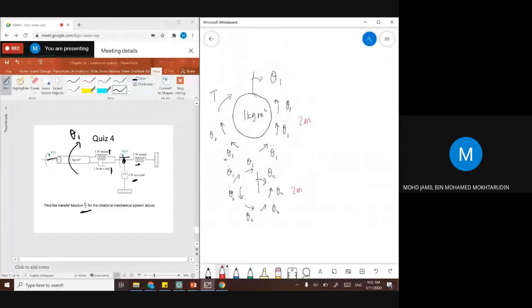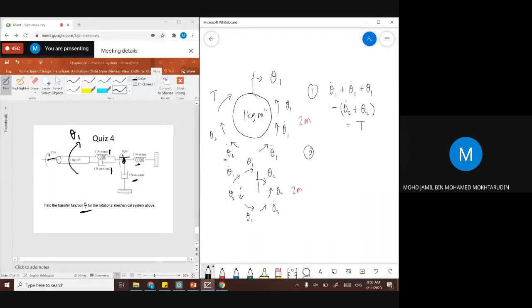So bolehlah tulis equation of motion. So here theta 1 double dot plus theta 1 dot plus theta 1 minus theta 2 dot plus theta 2 equals T. So ini equation 1.